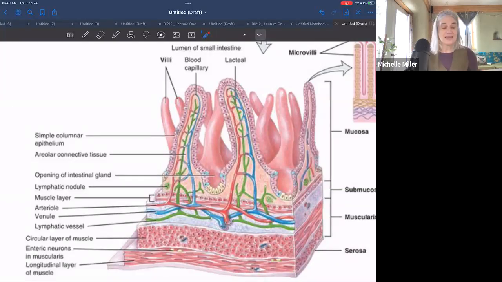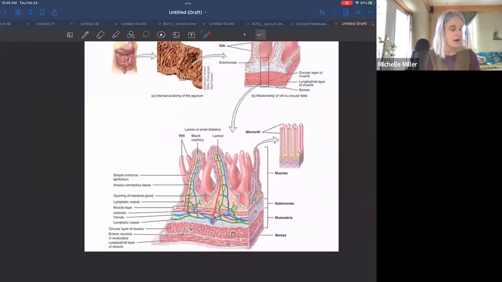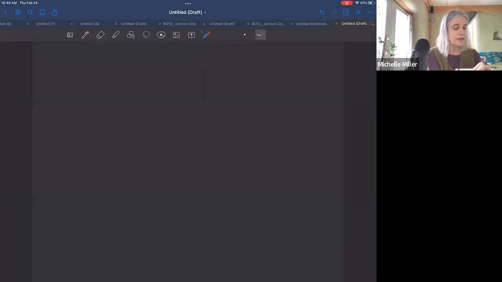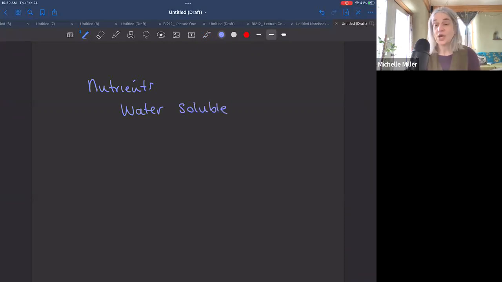So let's look at what these nutrients are. We have nutrients that are water soluble, which means that they can go in solution. These would include glucose and amino acids.